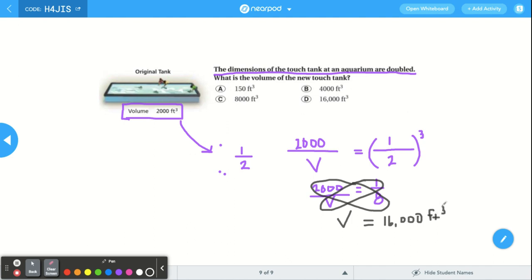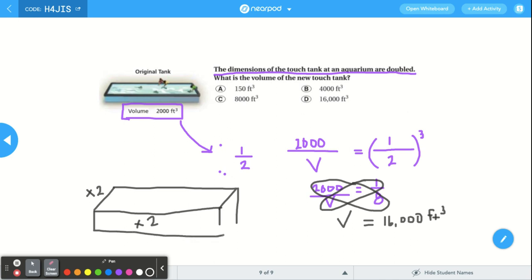You're thinking, well, Mr. Walker, why didn't we just multiply it by 2? Because everything is going to get doubled. Well, the reason that we don't just multiply it by 2 is because in the new tank, we're going to double the length, we're going to double the width, and then we're also going to double the height.